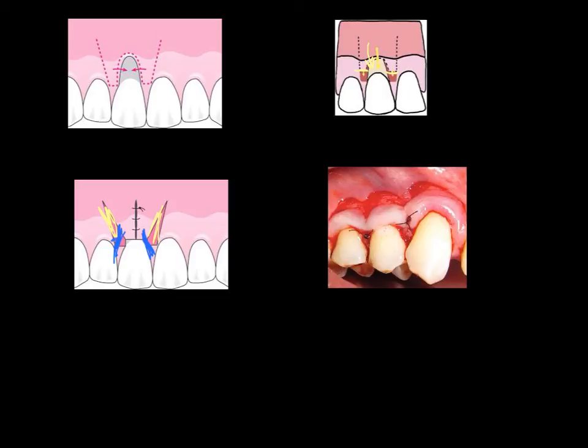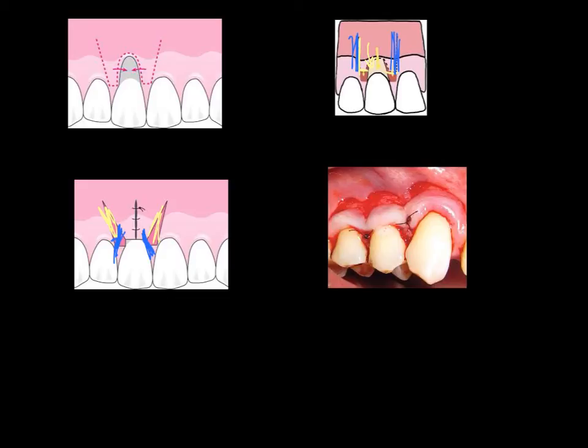Then a vertical incision here and here is done. Vertical relieving incisions are placed at the distal line angle of one tooth anteriorly and mesial line angle of one tooth posterior to the tooth where the recession defect is present.